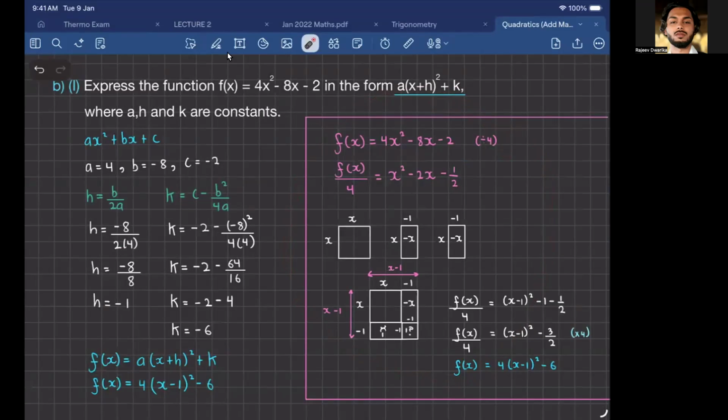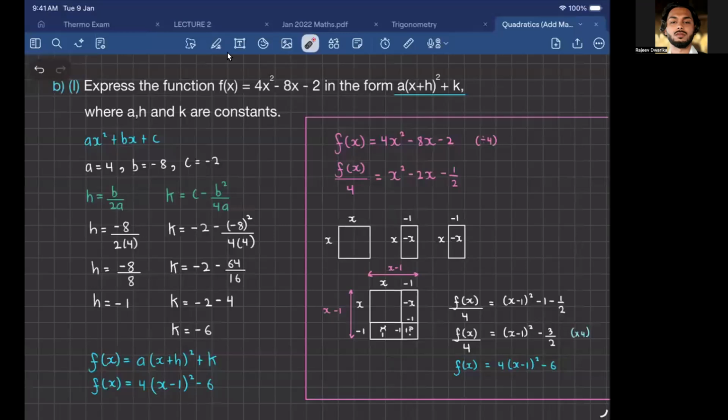Serena, if you want, I could give you a challenge, an even harder challenge to crack. You think you're up for it? Okay, so you see this method here? You could generalize it. What I mean by that is instead of using numbers, you could use letters.